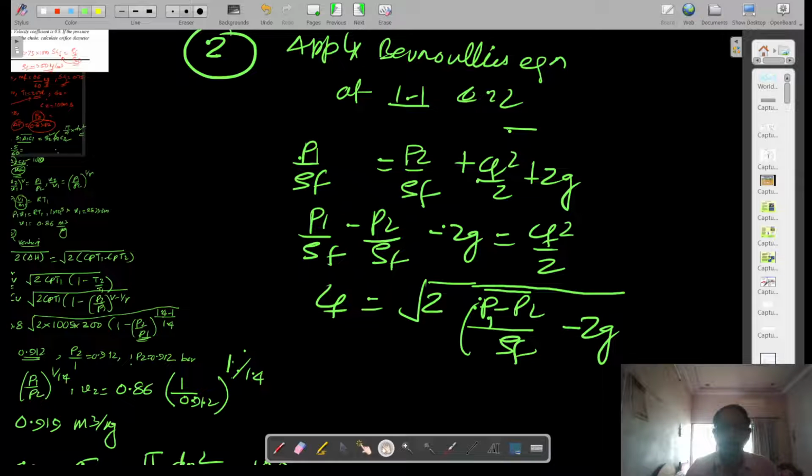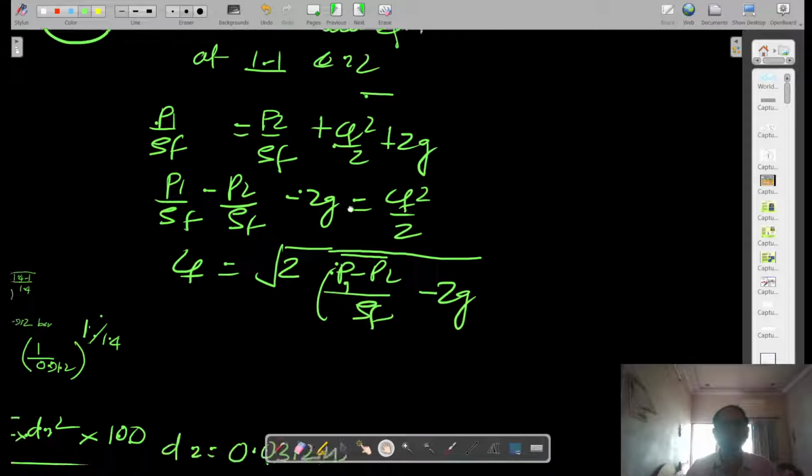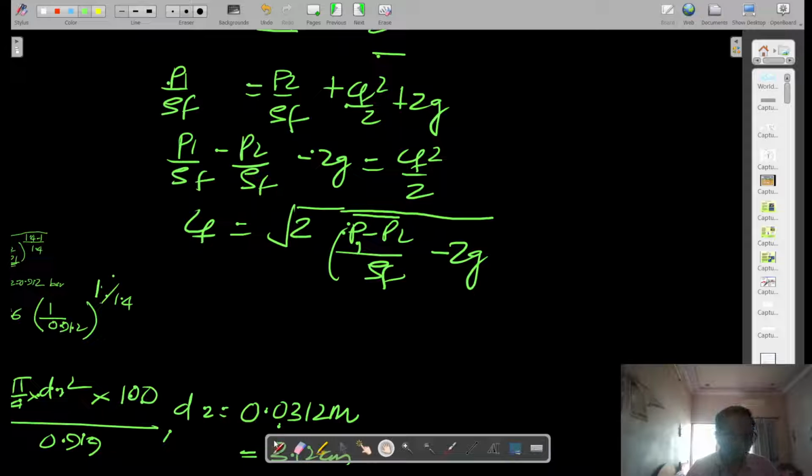Now I write another equation because I want to find the value of df. The basic equation is mass flow mf equal to CDf into Af into rho f into Cf. The Cf value we know here.